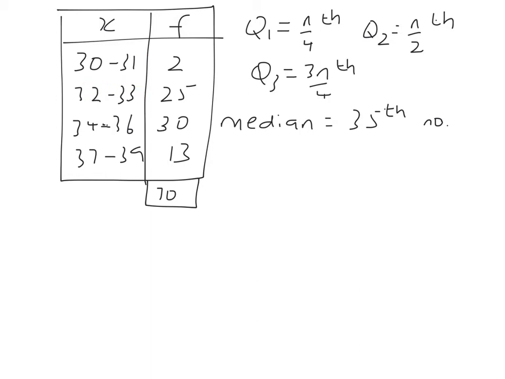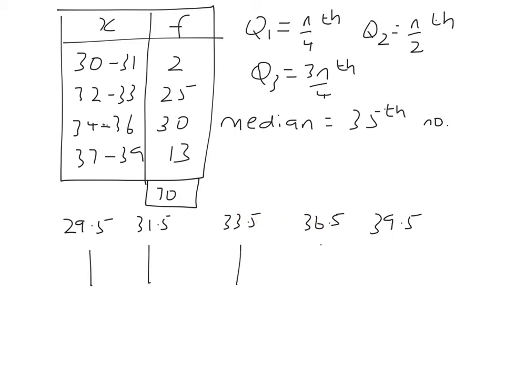So these numbers, strictly speaking, go from 29.5 to 31.5, from 31.5 to 33.5, from 33.5 to 36.5, from 36.5 to 39.5. That's because these numbers have been rounded to the nearest minute. So for example 36.2 would be in this bit here.